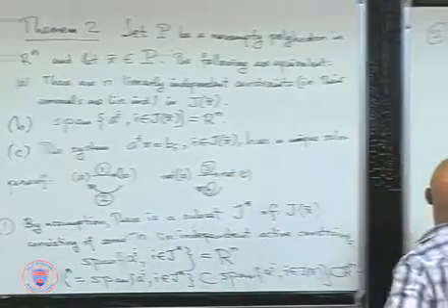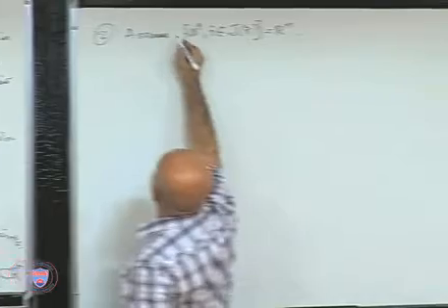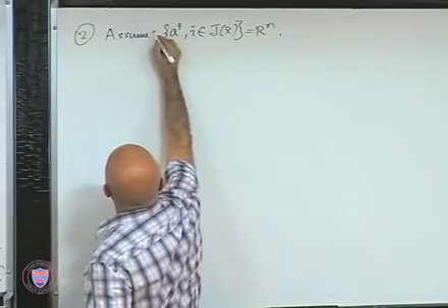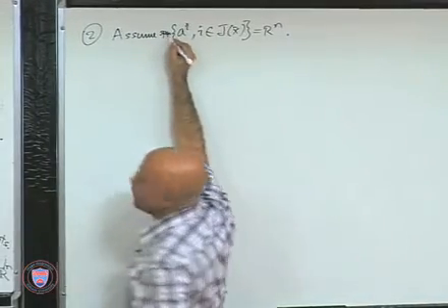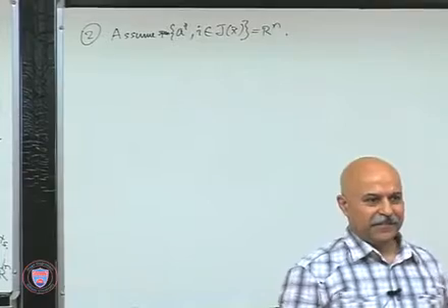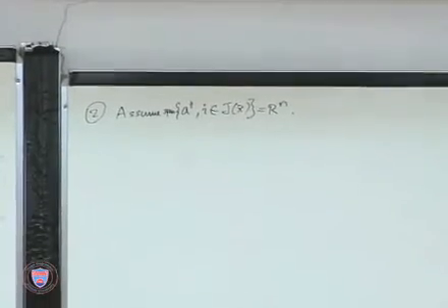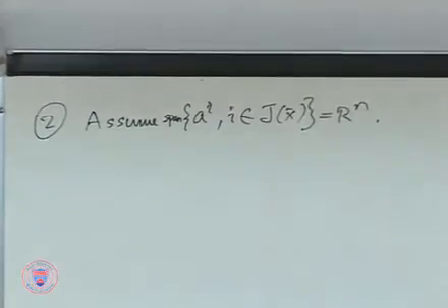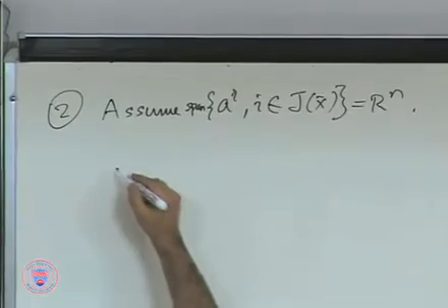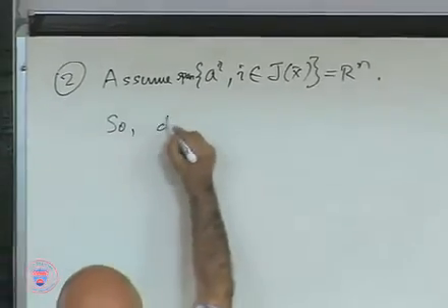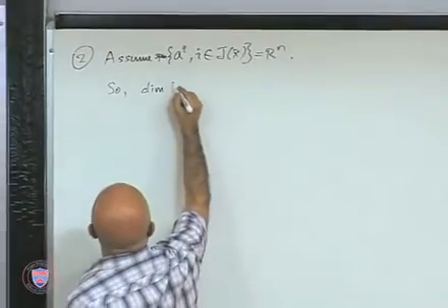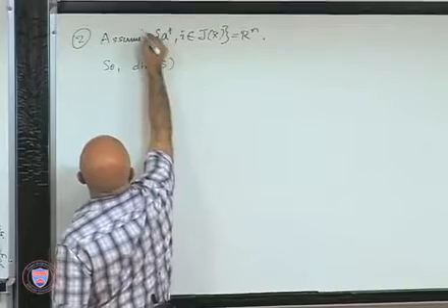So, by the way, there's a word missing here. You should write span here. Okay? Obviously, without that, you don't have equality. The span of these things is Rn. So, the dimension of this set, let me give a name to this.